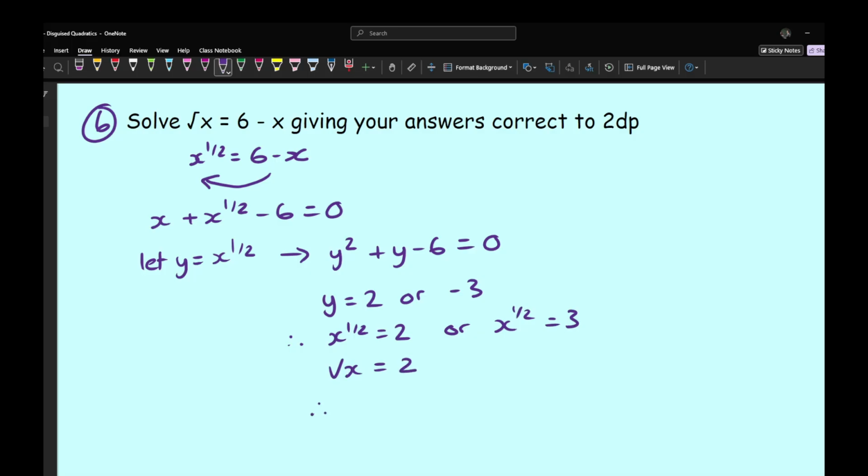For this one, our root can equal a positive number, so x is going to equal 4. And for this one, root x, a positive root, can't equal a negative number, so for this we have no solutions.